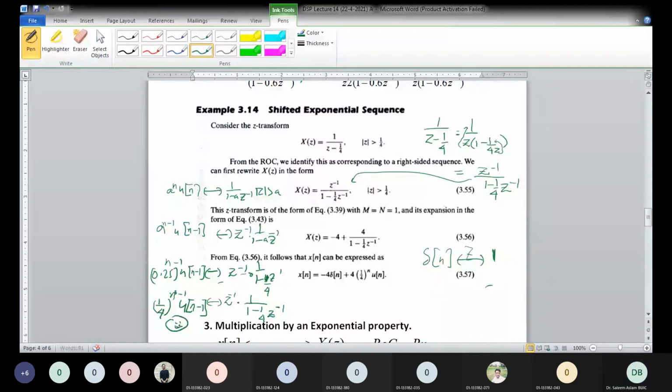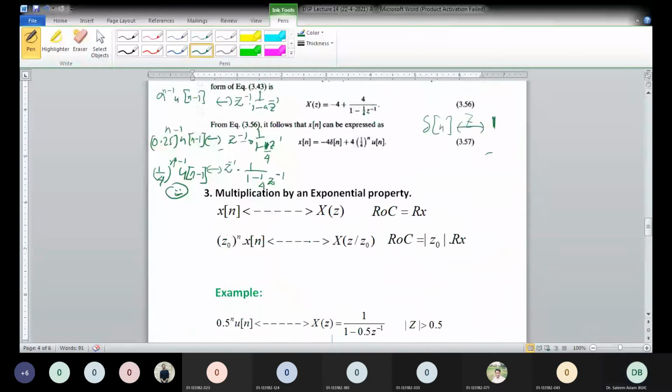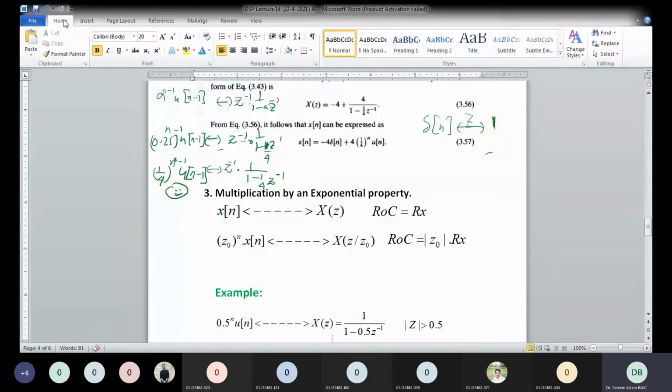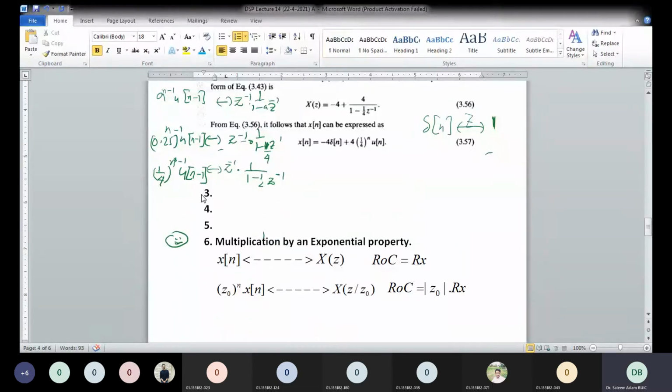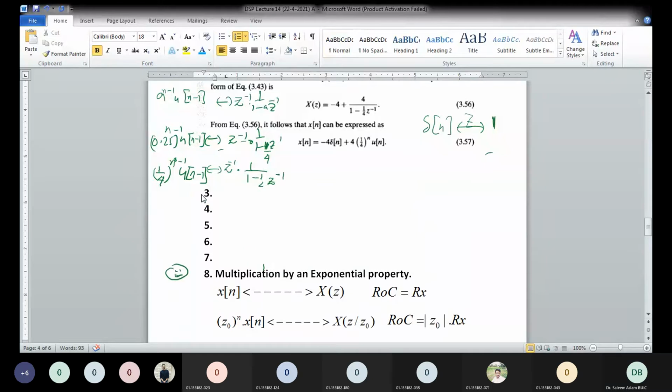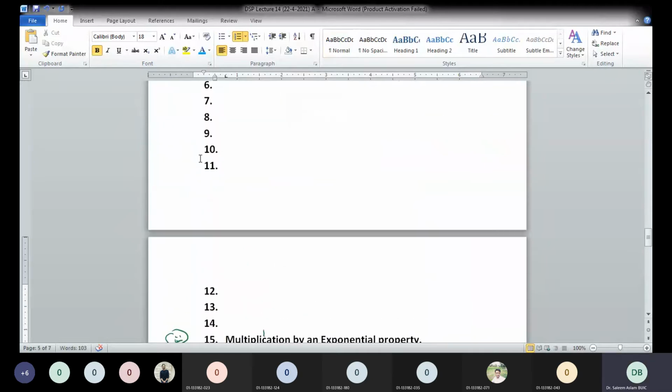Okay, beta? Yes, sir. If you're getting confused, so let me, wait a minute. Put it in the next page.